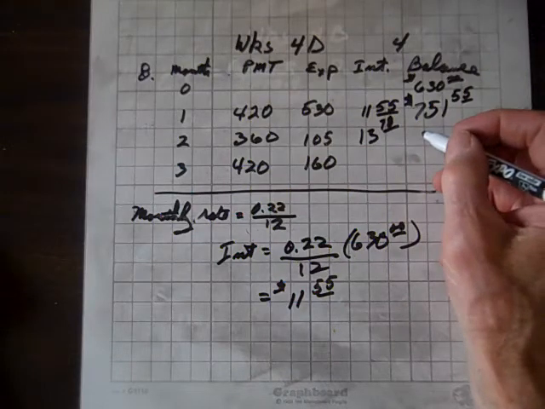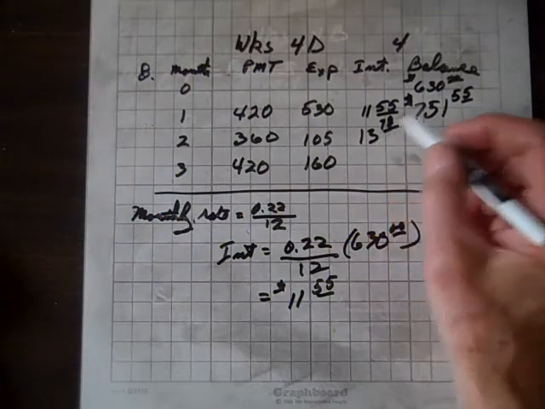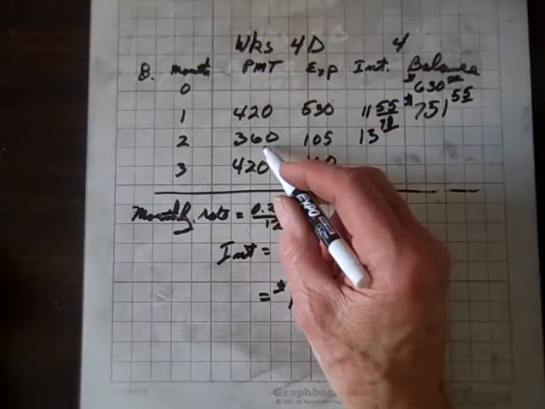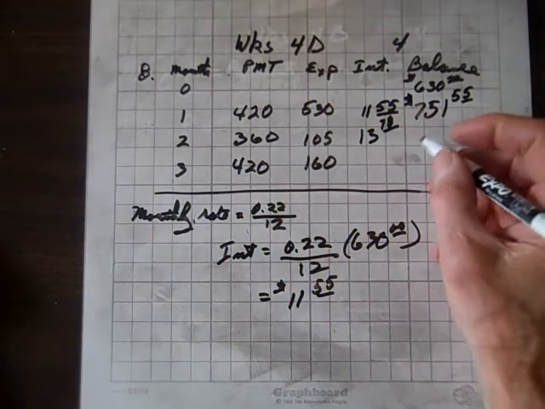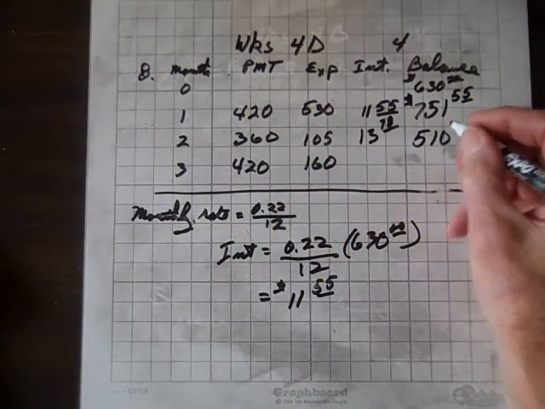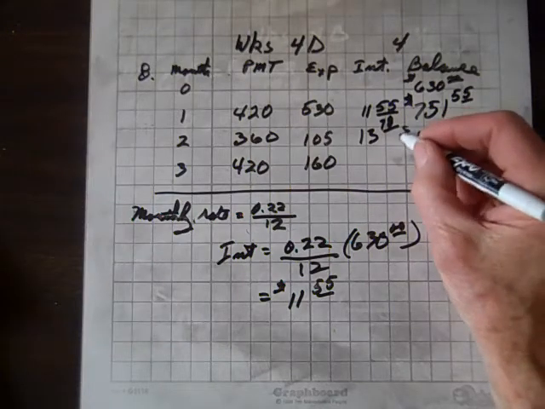Now we're going to add up the expenses, add the interest to the balance, and from that total subtract $360. That's a payment we made, and what we have left over is our new balance, and that's $510.33.